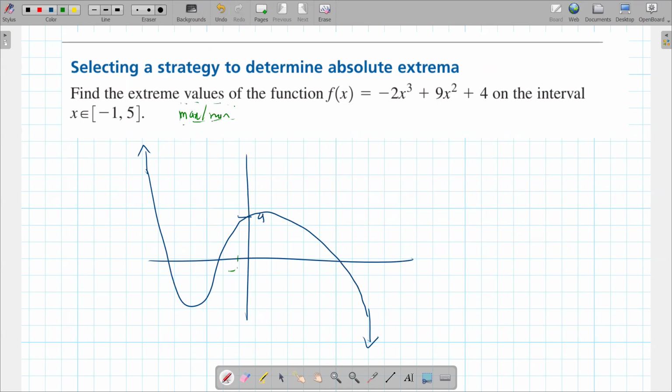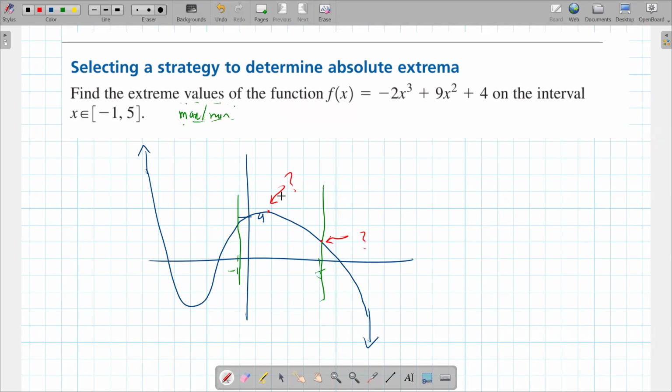Between -1, let's say this is -1, and 5, in this chunk, what's the maximum value? And what's the minimum value? That is the question.